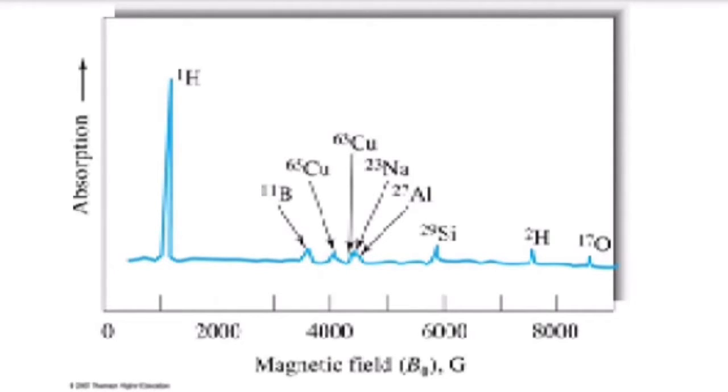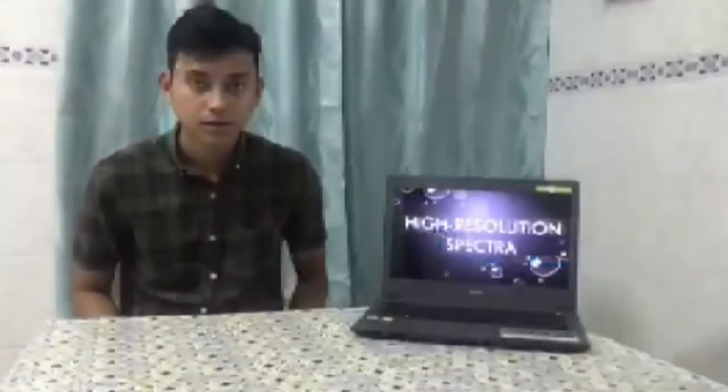This graph shows the absorption and magnetic field combination, which is the reflection of the magnetic field. Let me show the wave of the graph. You can see the different types of species, different types of protons. That is the wide line spectra.